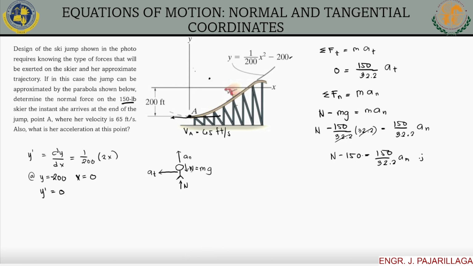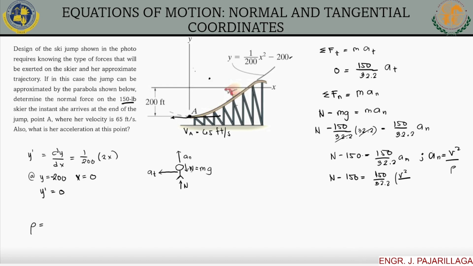But we all know that a_n is equivalent to the velocity of the skier squared over the radius of curvature. So, we can rewrite this equation as N minus 150 equivalent to 150 over 32.2, and then the value of a_n is v squared over rho. So, kunin natin yung radius of curvature dito.